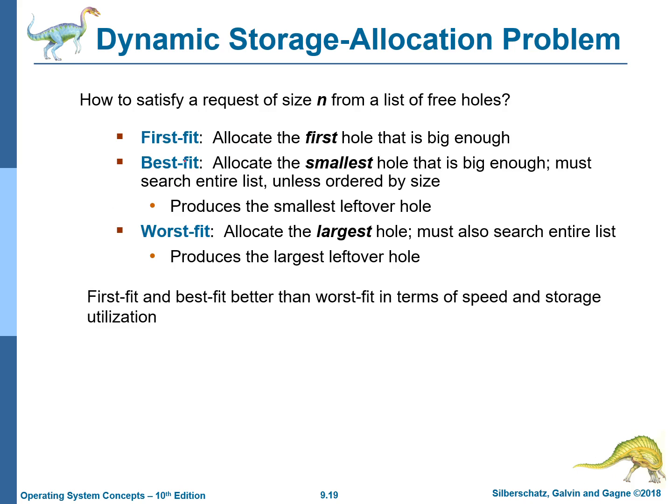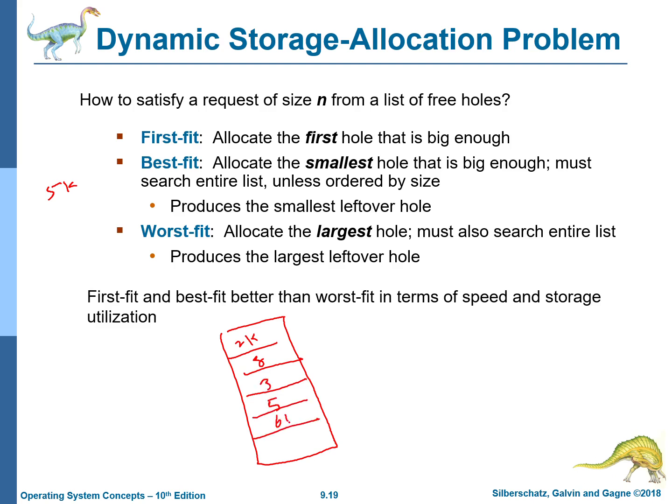For first fit, suppose I have 5k of data to write, and in the main memory I maybe have partitions or holes of 2k, 8k, 3k, 5k and 6k available.